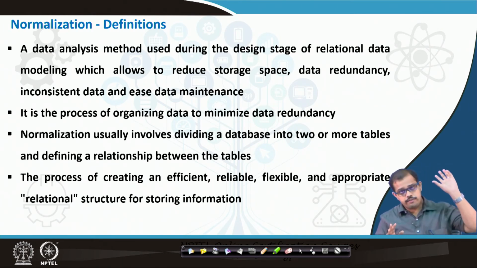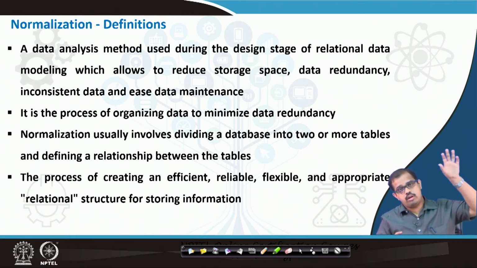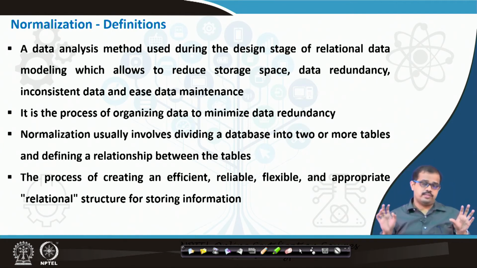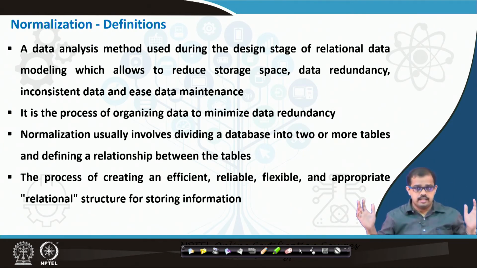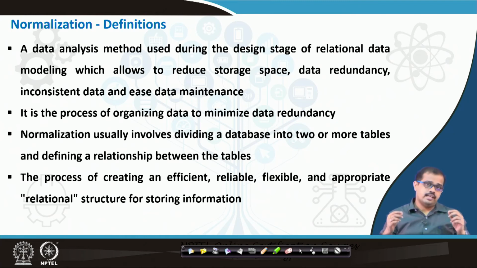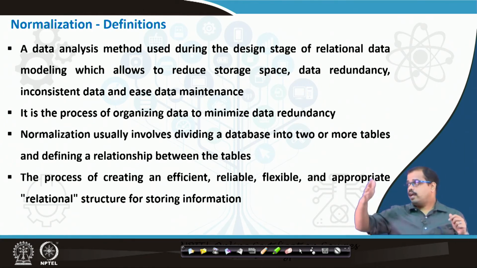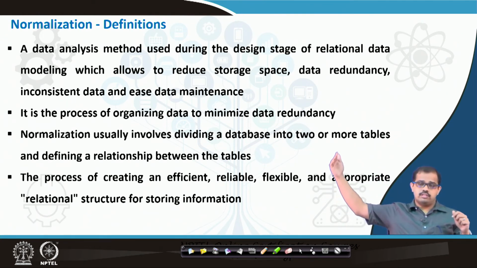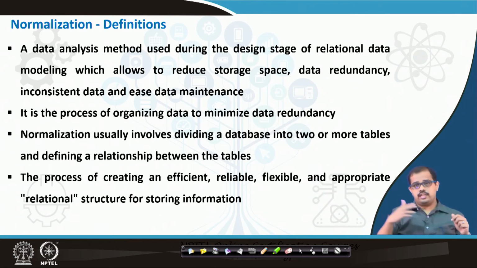So if there is a database which is defining, let's say, a list of all students, what are the subjects they have taken, and the different degrees that they have, whether it is B Tech, BS, MS, MTech, PhD, etc., or MPharm, and then the marks scored, all those information that are stored.